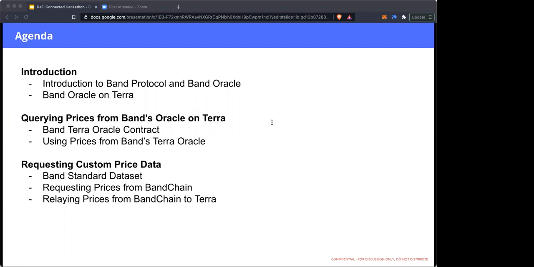Then we'll move on to the more technical side, going over our Oracle on Terra, specifically how to query stock prices from it, both through Cosmos and smart contract, as well as through the Terra RPC endpoint. Finally, for those that are looking for a larger set of Oracle price data support, we will be taking a look at how to request price data from Band's Oracle ourselves and make that data available to smart contracts on Terra through your own Oracle smart contract.